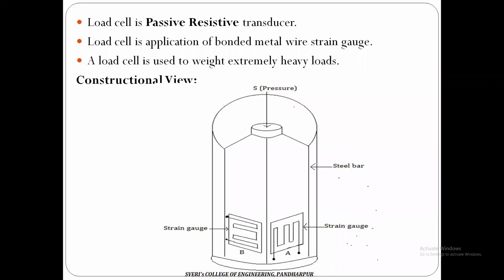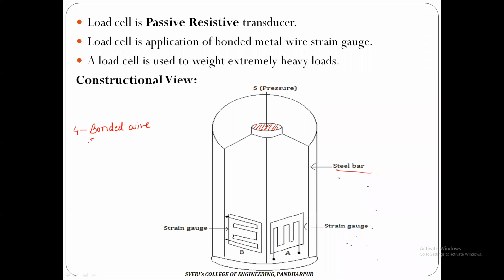So here in this diagram, I have shown the front side cut section view of the load cell. Now if you observe, this shaded portion is nothing but the diaphragm on which you can apply the extremely heavy load. And this diaphragm is connected to the steel bar, and on that steel bar a total of 4 bonded wire strain gauges are connected.